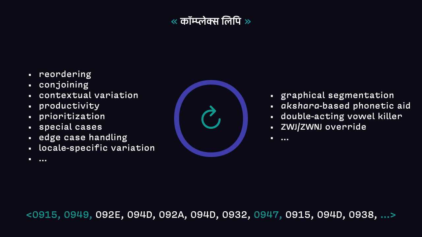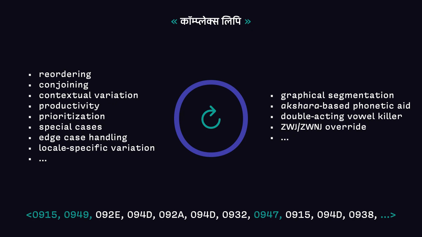Those reordering, the vowel signs on the left side, and conjoining contextual variation, productivity of those conjoining signs, and the prioritization of all of those operations, how you order them, which ones are prioritized, which ones are shadowed by others, and all of those special cases you need to handle, and you need to provide reasonable fallback for edge cases, and you still need to deal with locale-specific variation.